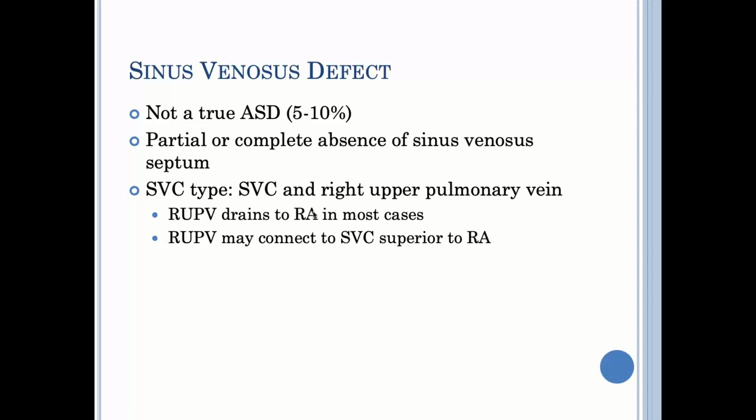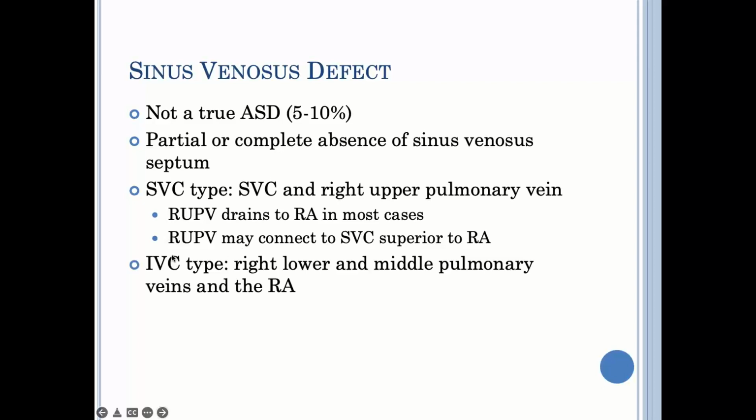In the SVC type, the sinus venosus septum deficiency is closer to the SVC and the right upper pulmonary vein, and there can be right upper pulmonary vein anomalous drainage associated with this. So it can, for example, drain into the right atrium, which happens in most of the cases, or it can connect to the SVC superior to the right atrium.